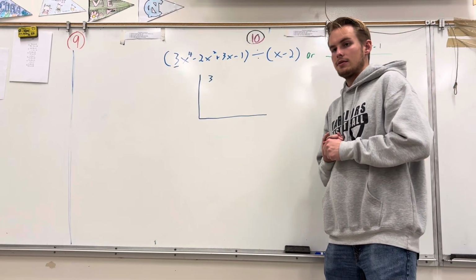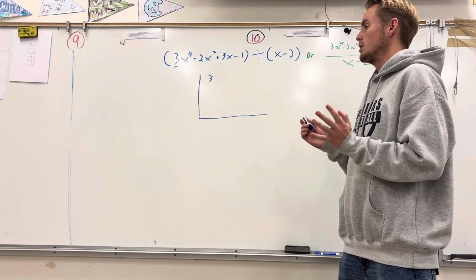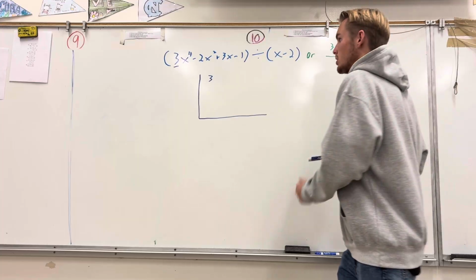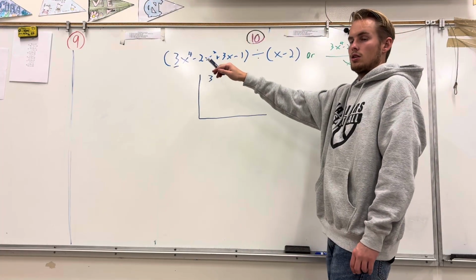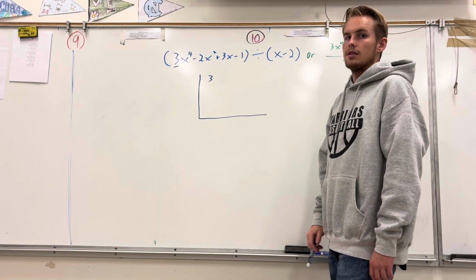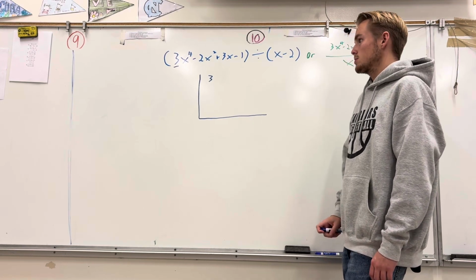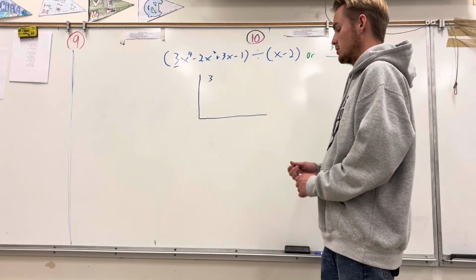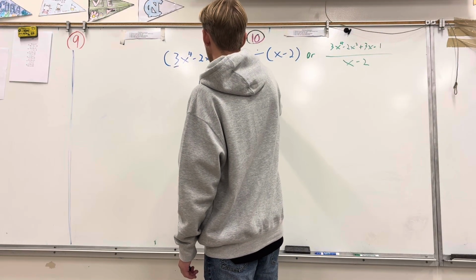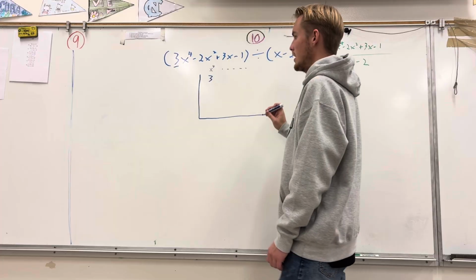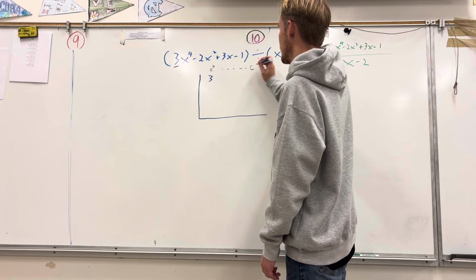Next, I made a very intentional change to this problem. We go from 3x to the power 4 to negative 2x to the power 2. So we're skipping x to the power 3. When we do these problems, we have to go from x to the 4th all the way down to our constant.